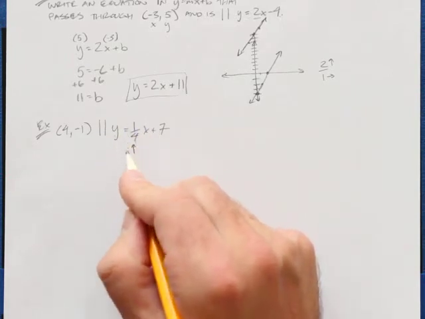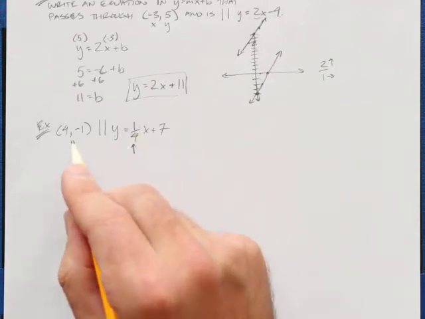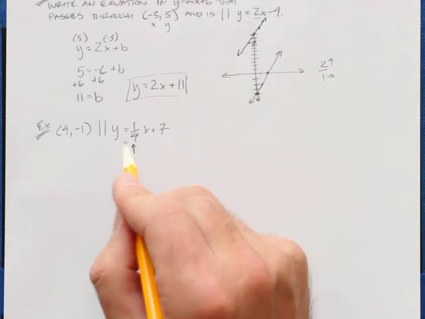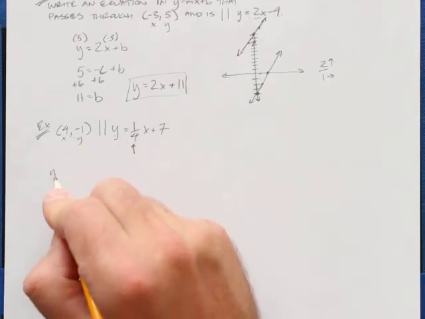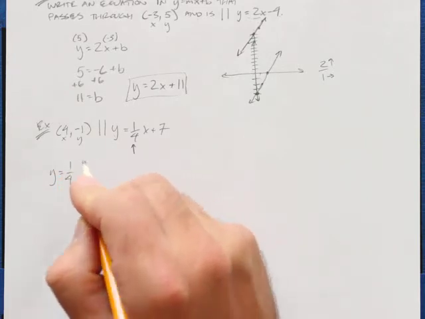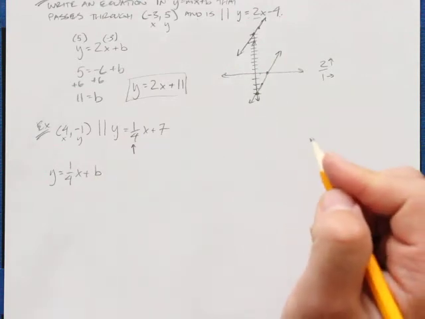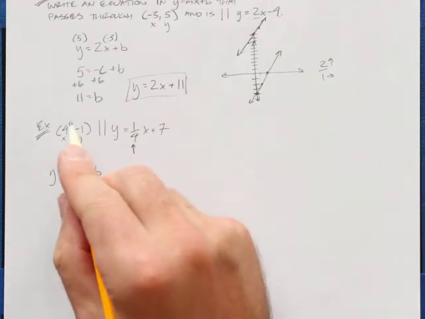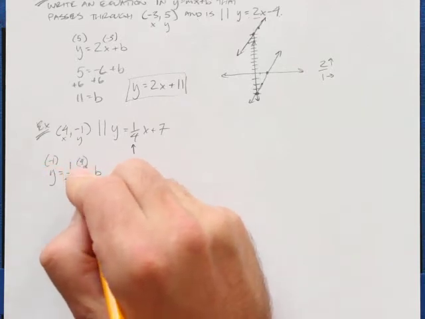This is the guy that tells me what my slope needs to be if my line is going to be parallel to this one. It's 1/4. So y equals my slope, which is 1/4 times x, plus b. I don't know what my y-intercept is going to be yet, but I'm going to plug in this point to see if I can find out.